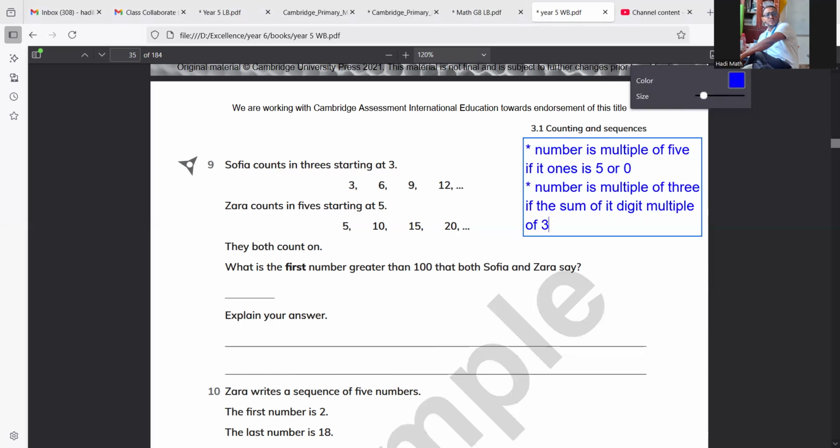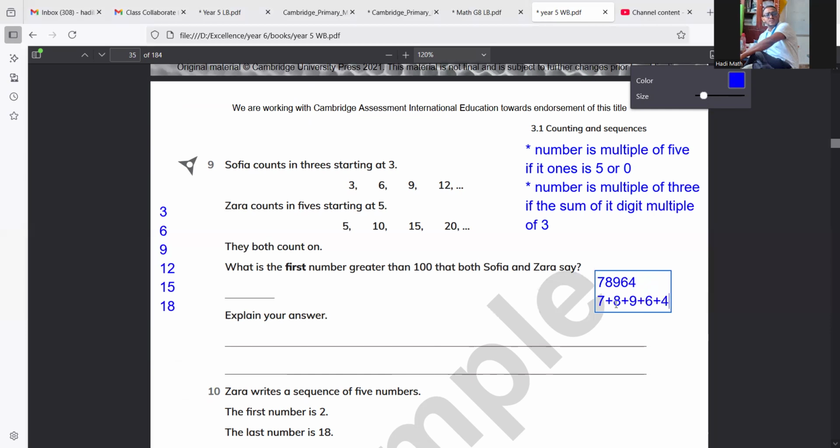What do I mean by the sum of the digits? We know the multiples of 3: 3, 6, 9, 12, 15, 18, and so on. If I give you a number like 78964, and I ask, is this number a multiple of 3? You don't know. You would need to add the digits: 7 plus 8 plus 9 plus 6 plus 4.